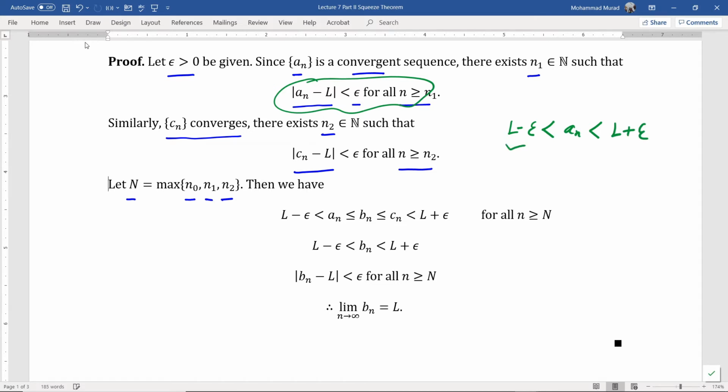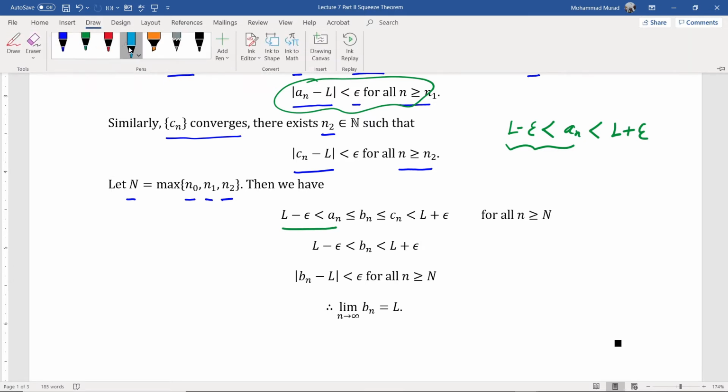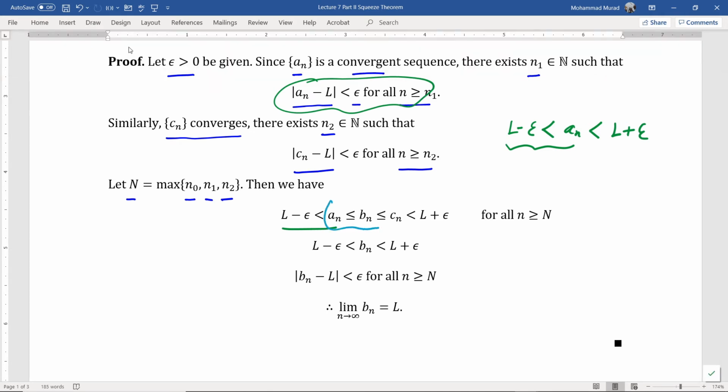So we have copied this inequality here, and then we use the hypothesis that a sub n is smaller or equal to b sub n, which is smaller or equal to c sub n.